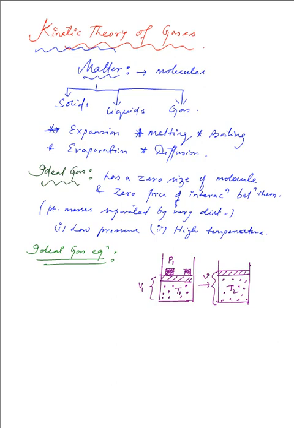The pressure is, however, maintained constant. These are the weights that are placed on the piston. So it's probably connected to some external agent which is helping in the motion. Now this pressure, however, is maintained at P1.